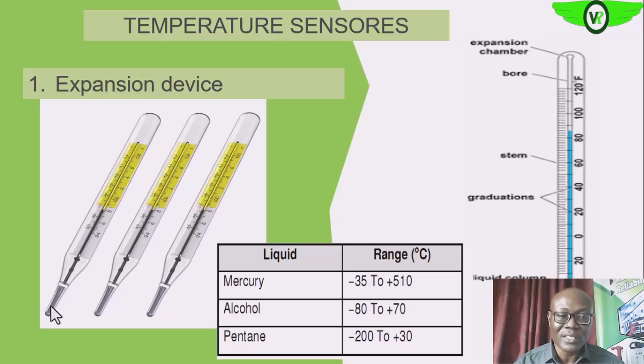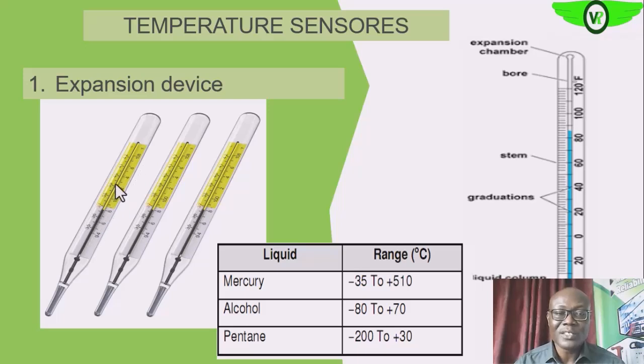As you can see, this is the bulb containing the mercury. Once you heat up this bulb, or make it come in contact with whatever body you want to measure the temperature of, it will absorb the heat and start rising through the stem. You see some calibration on the stem.